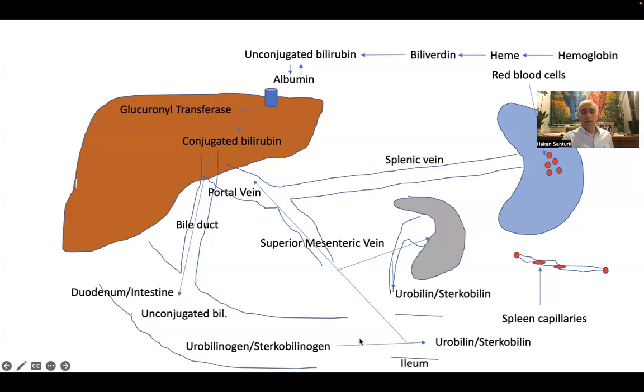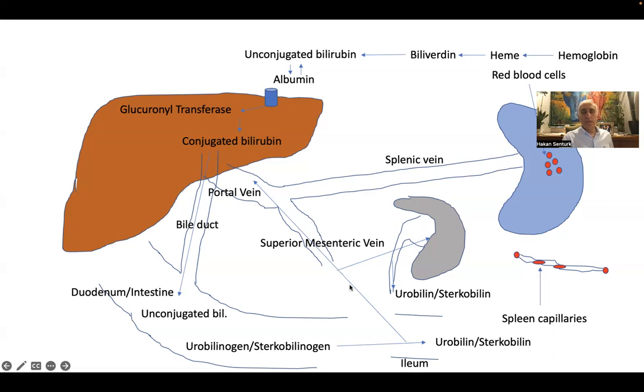Urobilinogen is converted to urobilin and stercobilinogen to stercobilin, and these compounds with bile salts, some of these compounds are reabsorbed into the portal vein, and then go into enterohepatic circulation.